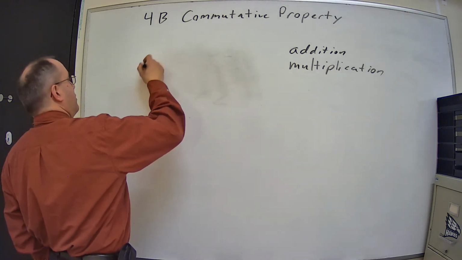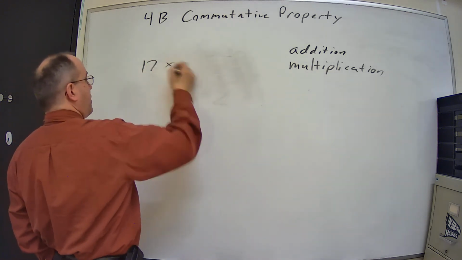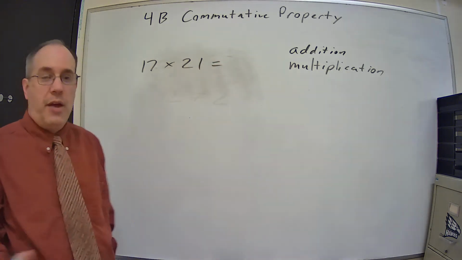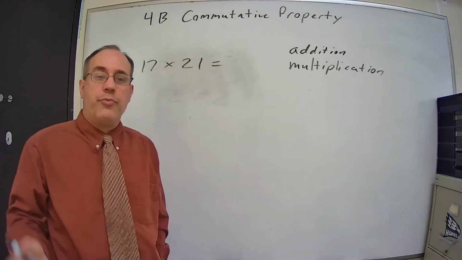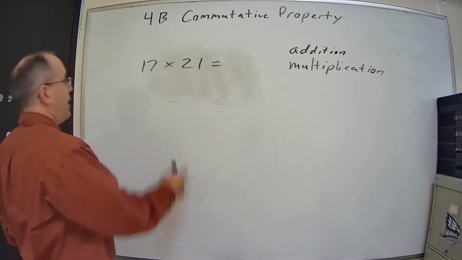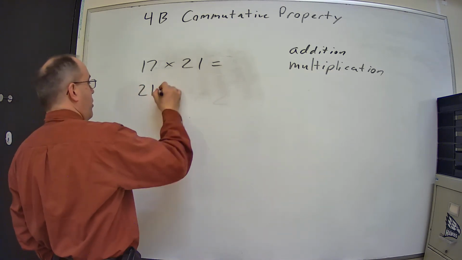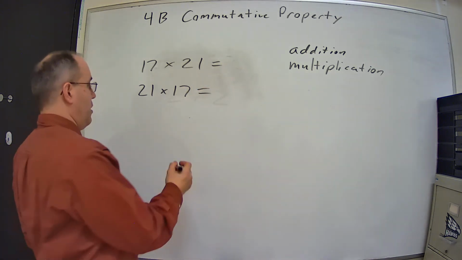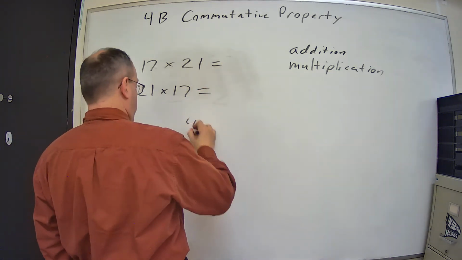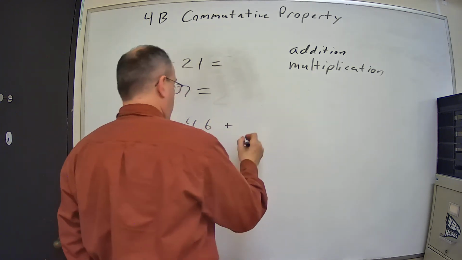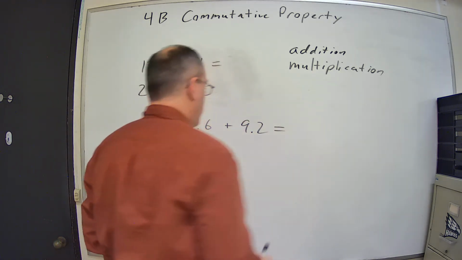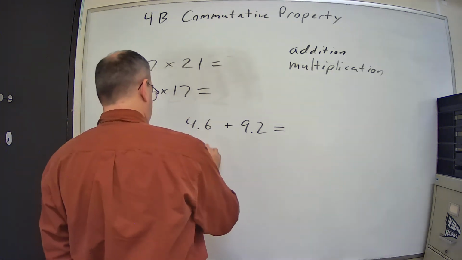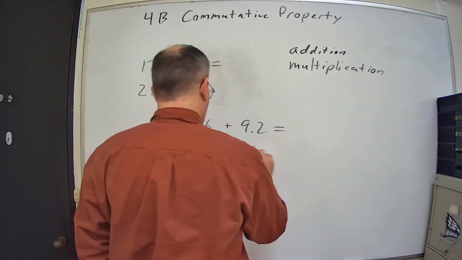So if I have 17 times 21, and I want to use the commutative property to rewrite this, then I can go, oh, well, that's 21 times 17. If I have 4.6 plus 9.2, using the commutative property of addition, I can change that to 9.2 plus 4.6.